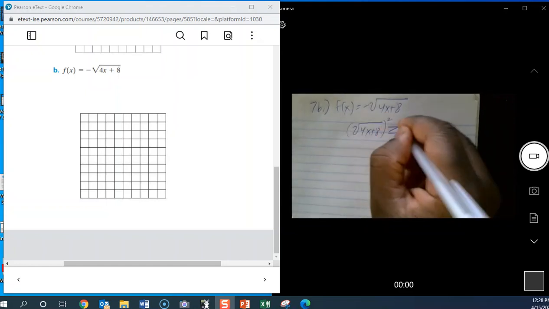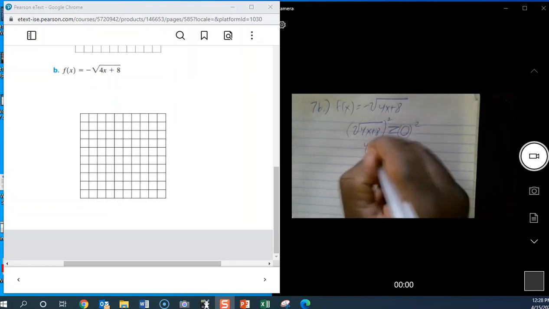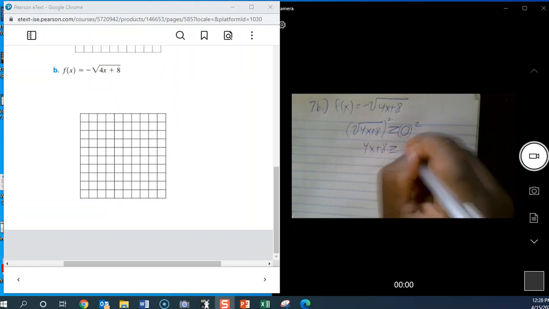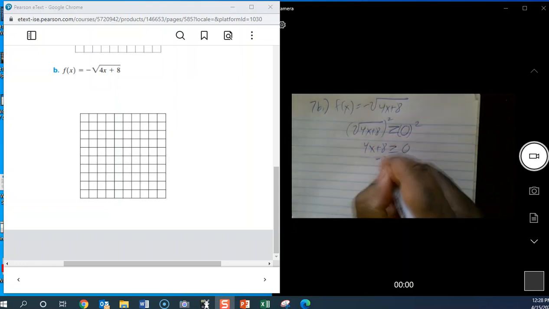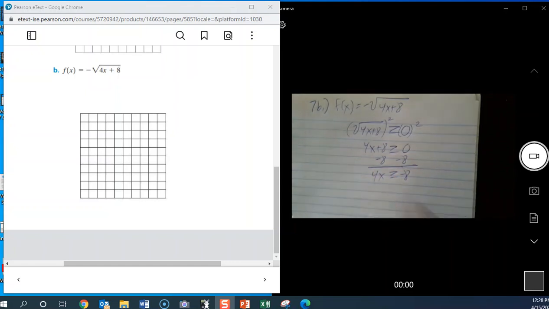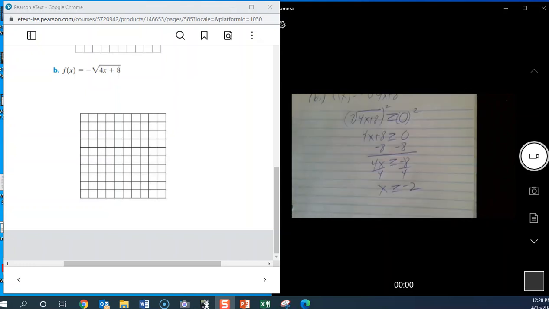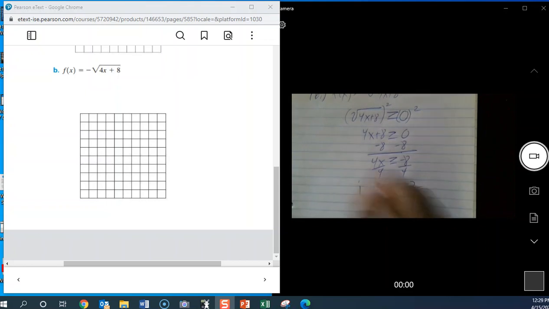We could square both sides. And you have 4x plus 8 is greater than or equal to 0. We'll subtract 8 on both sides. And 4x is greater than or equal to negative 8. Divide each side by 4. And x is greater than or equal to negative 2. Okay, so that takes care of I, which is the domain.